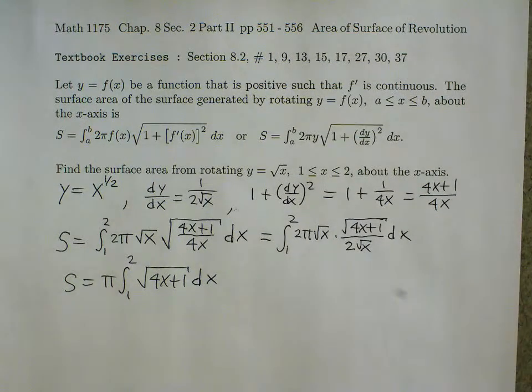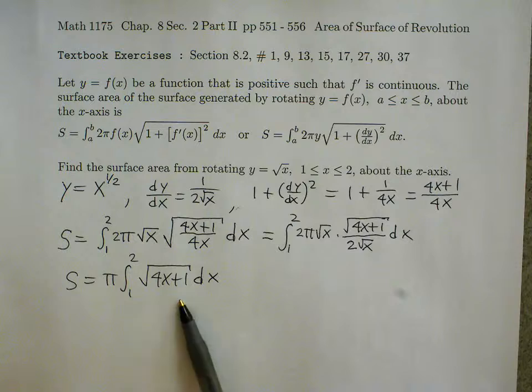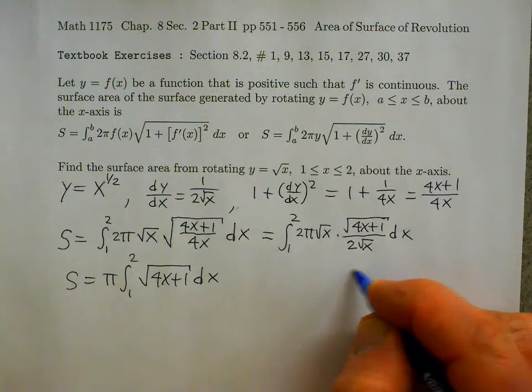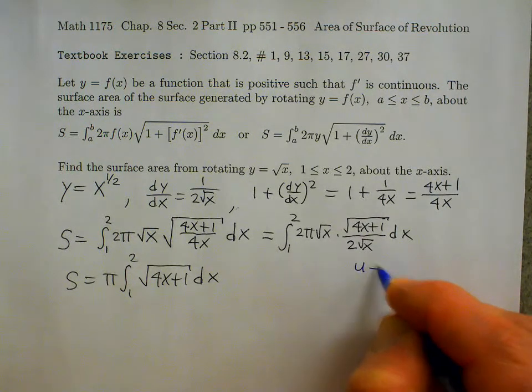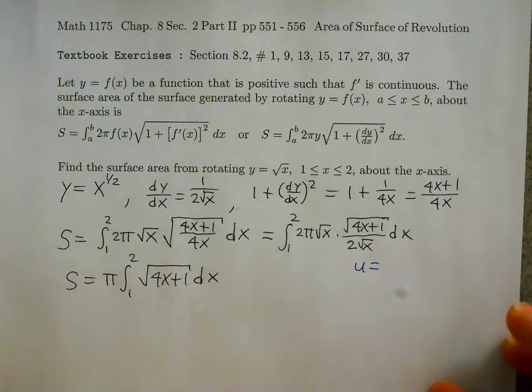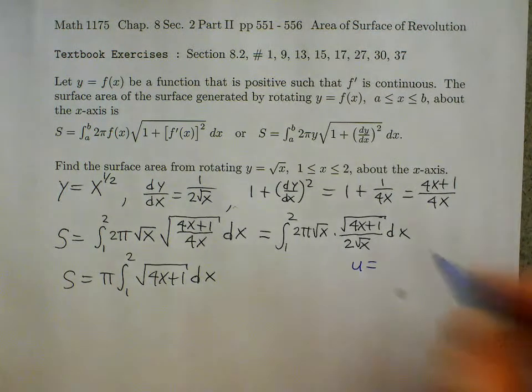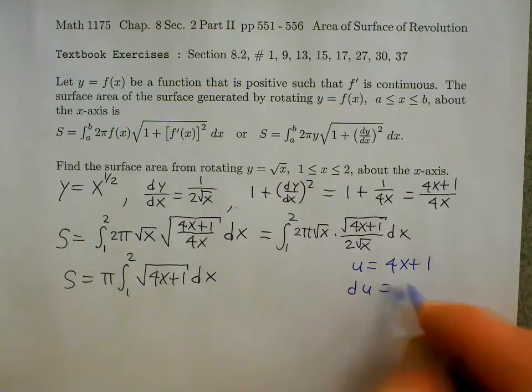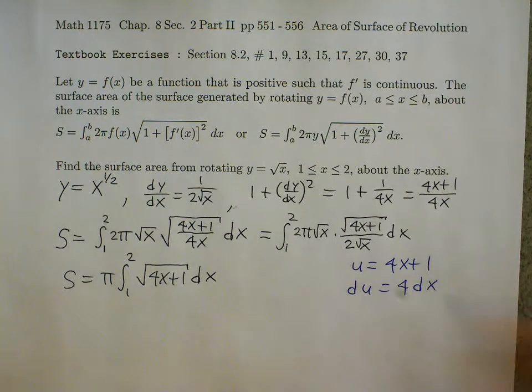Okay, now what? You can think of the square root of 4x plus 1 as 4x plus 1 to the 1/2. If you want to, you don't have to go through the entire process, but if you use the substitution rule with u equals 4x plus 1, then du is 4 dx.